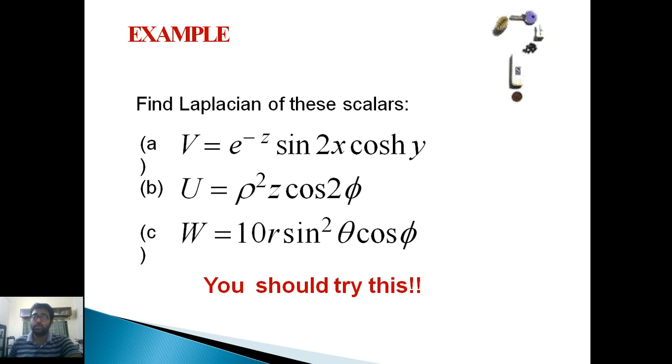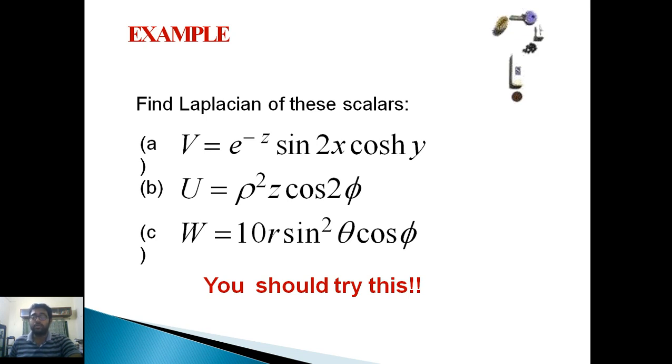And the Stokes theorem basically represents the closed integral of a displacement function, basically a vector. Suppose the closed integral of A dot dl is equal to the surface integral of the curl of the same vector. So that is the Stokes theorem. In the case of the divergence theorem, the divergence of a vector provides the net outward flux per unit volume.